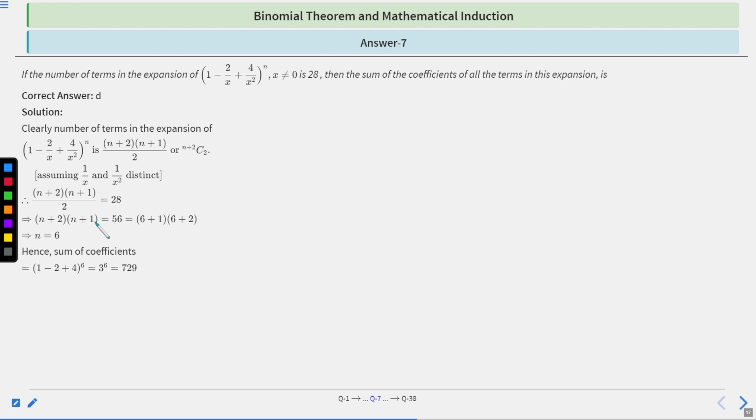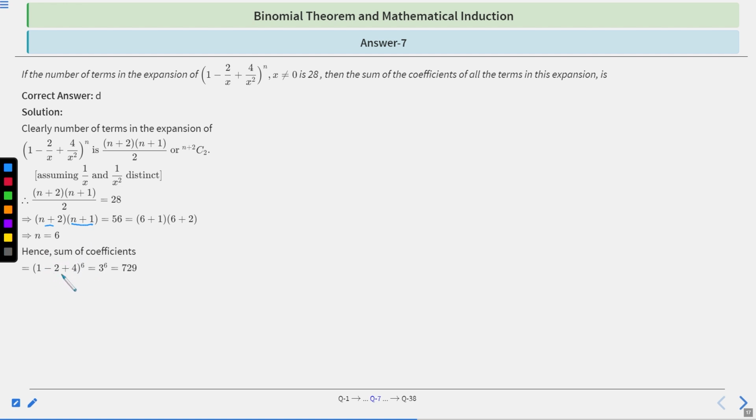This implies (n+2)(n+1) is equal to 56, right? So let's put n equal to 6. After putting n equal to 6, we will get 56, right? Because (n+1)(n+2) is basically the product of two consecutive numbers. So it can be 8 into 7, right? So this can be 7, this can be 8. So if n plus 1 is 7, n is 6, right?